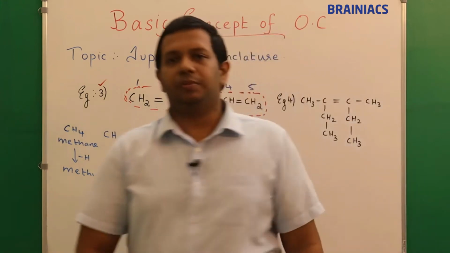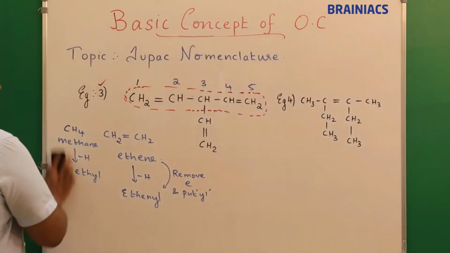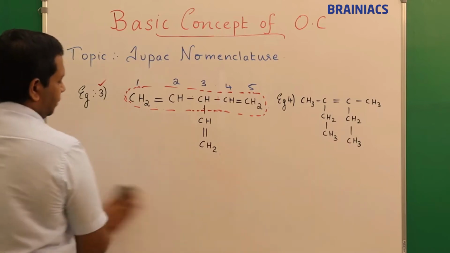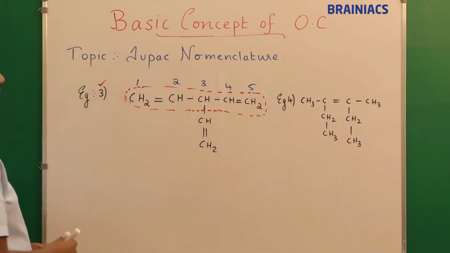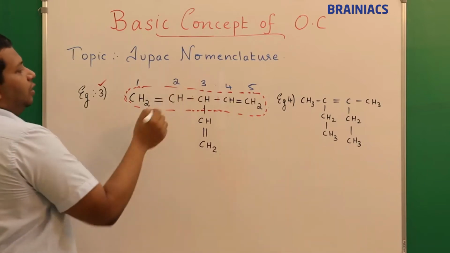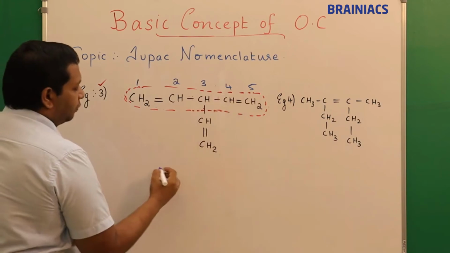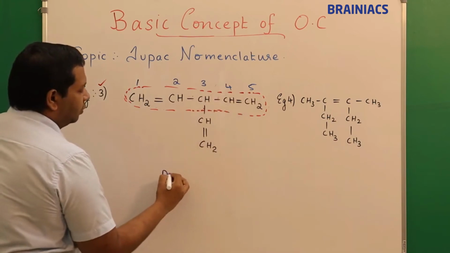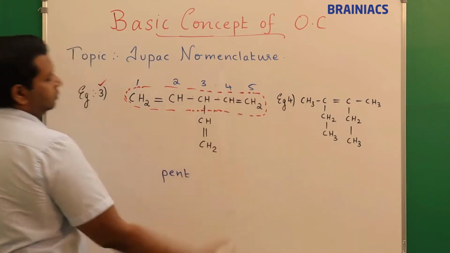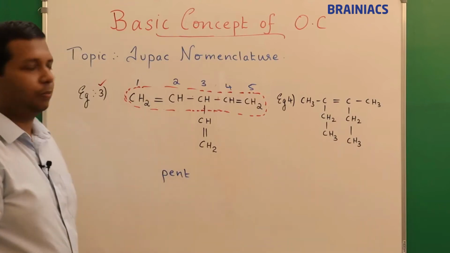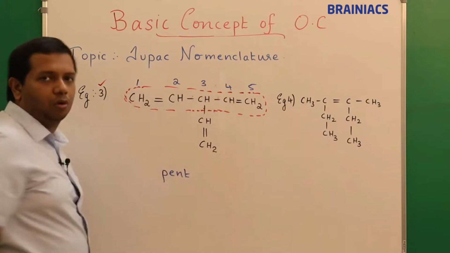Okay, so next we will try to see how to name it actually. So here we will see. I know that word root means 1, 2, 3, 4, 5. So 5 carbon is there, so I will use the term pent. And I know primary prefix will not come into picture because it is not a cyclo compound.